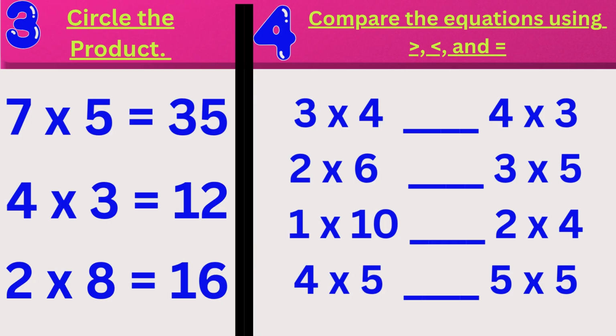Number 4, compare the equations using greater than, less than, and equal to. 3 times 4 blank, 4 times 3. The next one, 2 times 6 blank, 3 times 5. 1 times 10 blank, 2 times 4. 4 times 5 blank, 5 times 5.